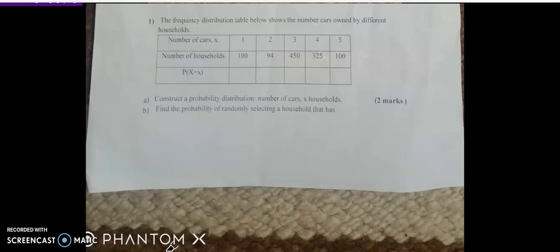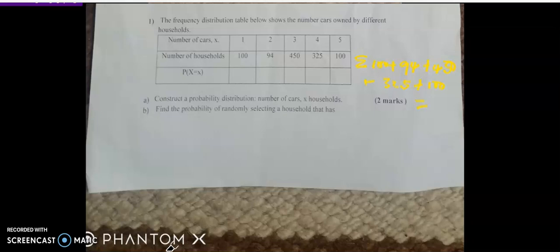What we are going to do is just take the summation of the number of households. It will simply be 100 plus 94 plus 450 plus 325 plus 100.